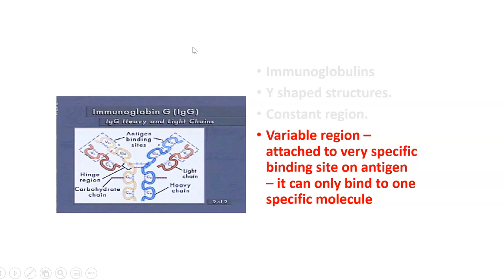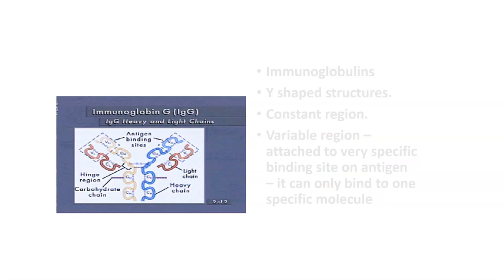There are going to be several thousands of different shaped antibodies. If the end of that antibody, the end of the Y, fits the antigen, then it's going to induce an immune response. So your body has to find the antibody that fits the antigen that is causing you to be sick, the foreign antigen.